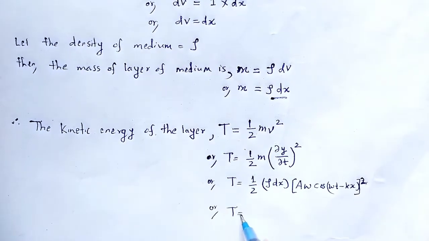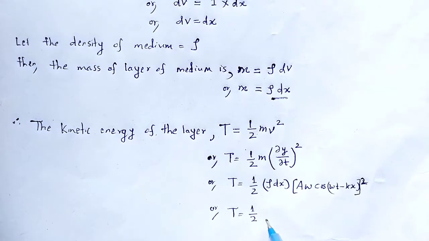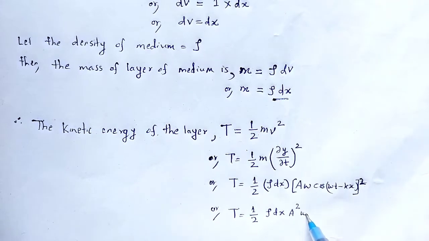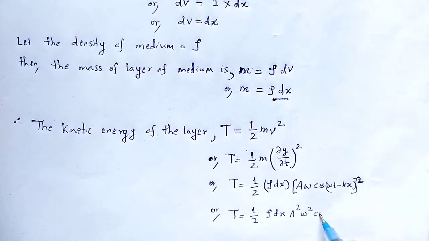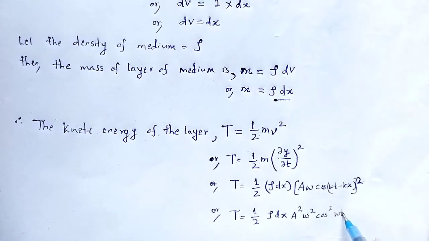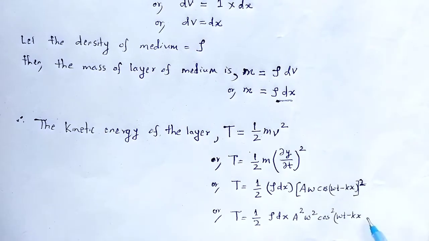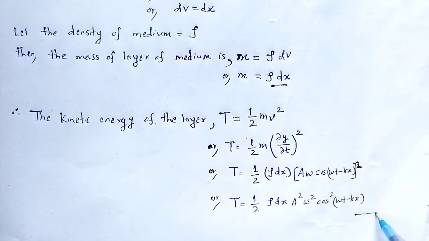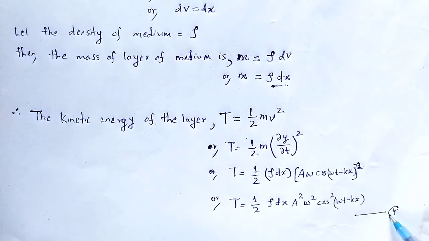So T is equal to half rho dx a square omega square cos square(omega t minus kx), the kinetic energy, equation number 4.